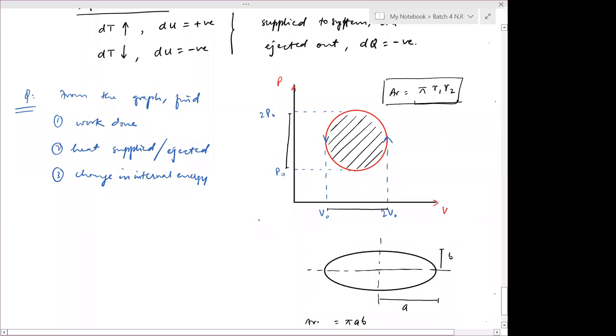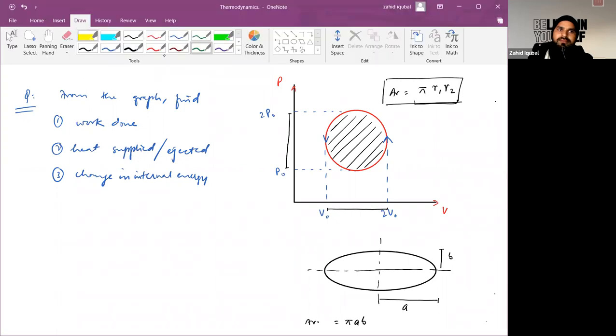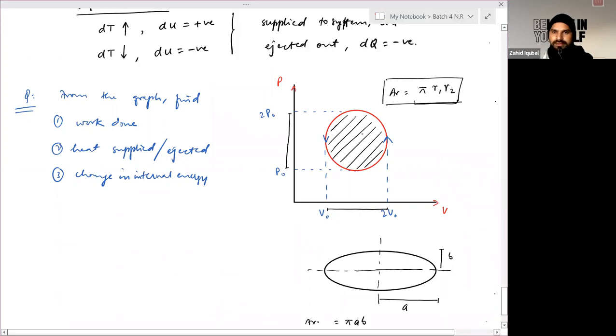So for work done, we should find the curve, right? Yeah, work done is the area under this curve. For this curve, R1 will be V2 minus V1 divided by 2, so it will be just V0 by 2.